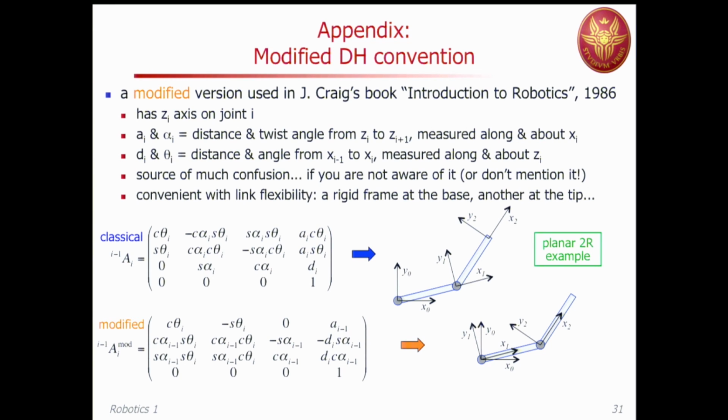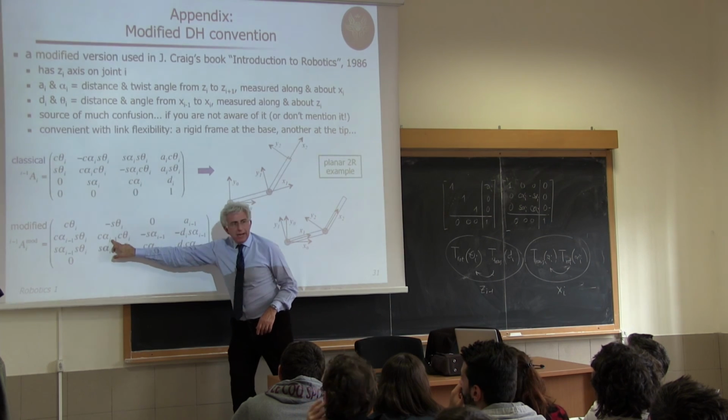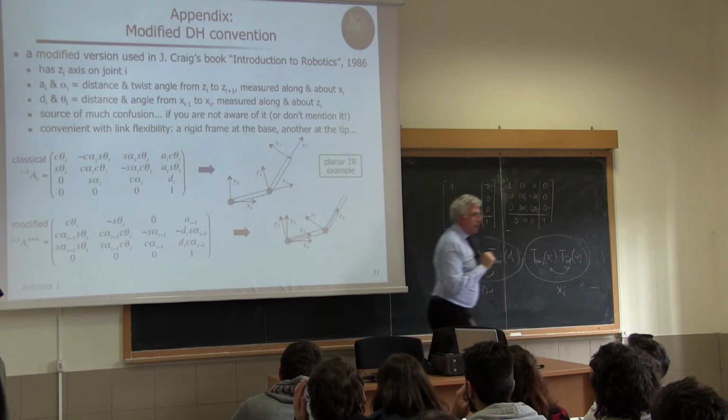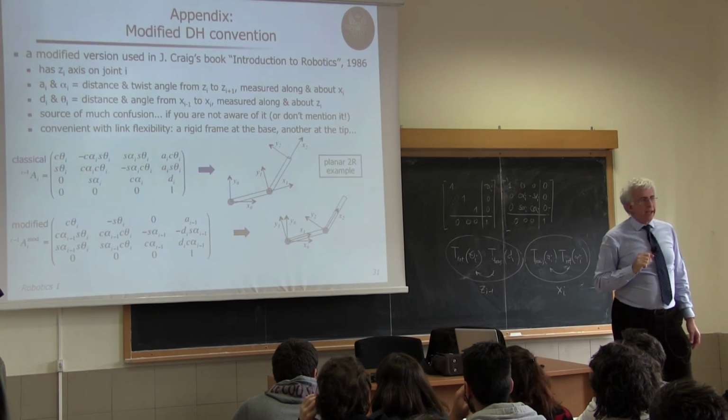And here I try to illustrate some simple examples of the difference in allocating frames according to the two conventions. So if you don't encounter this, just remove this appendix. If you ever happen to find a strange transformation matrix which contains both index i and index i minus 1, this means that this author is using Craig's notation, and then you have to take care of it.